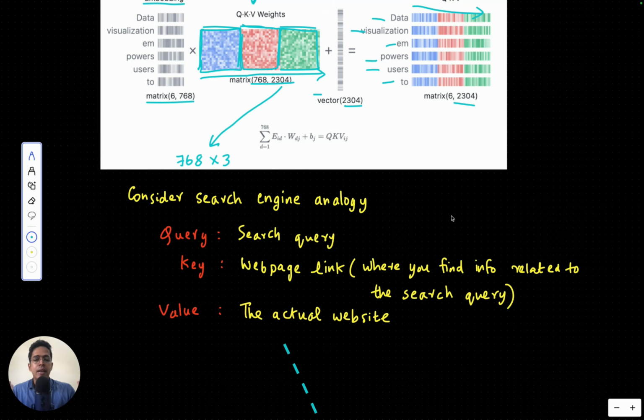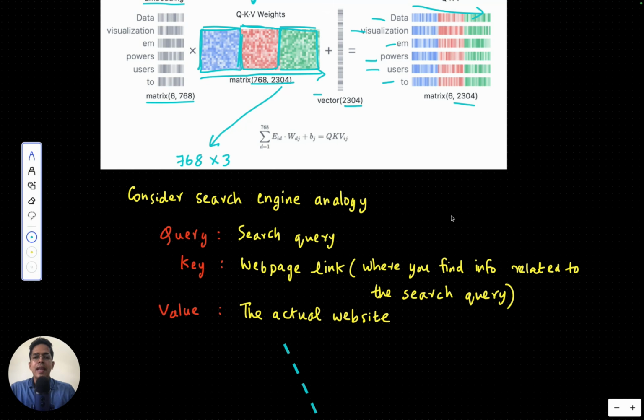Value is what is contained within the actual website, meaning what is contained within YouTube. That itself is the value. So this analogy is very insufficient to properly understand the meaning of query, key, value. But at least you can imagine it to be something where each part, query, key, as well as value, has some role to play in this whole process of finding what you want to find, right?